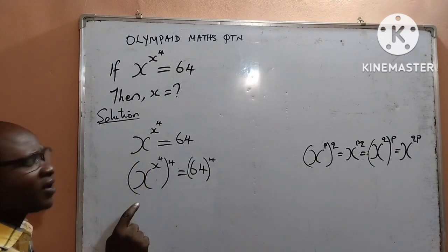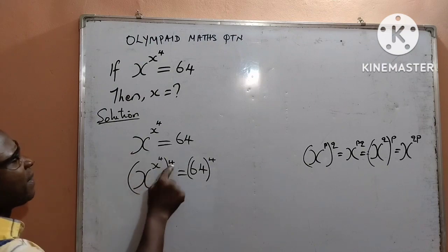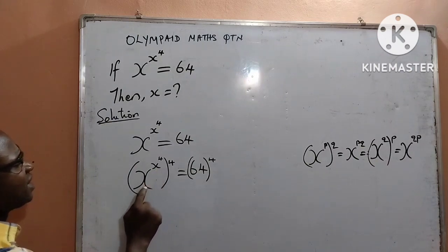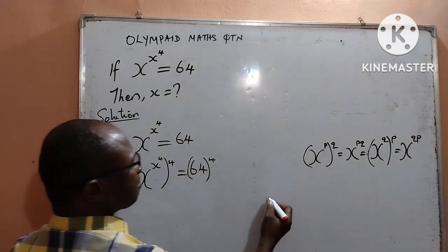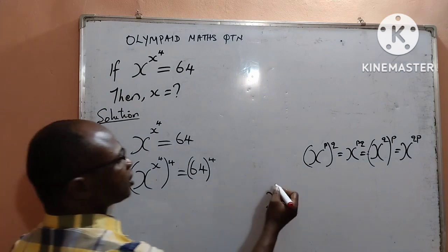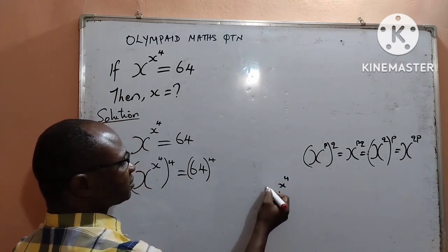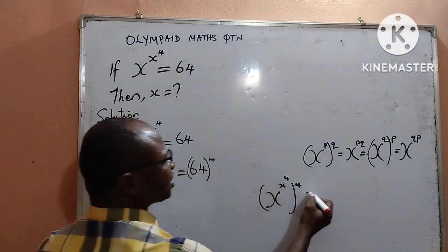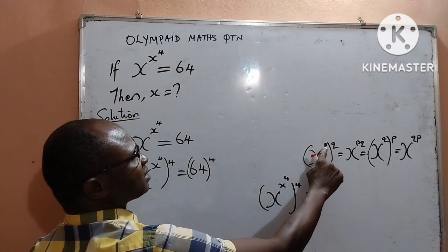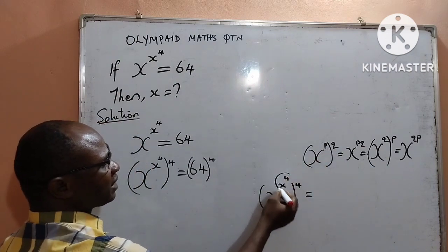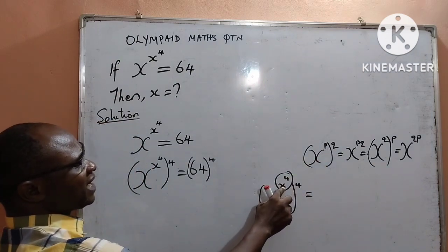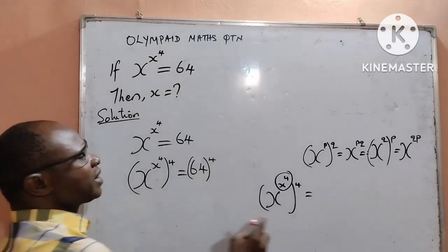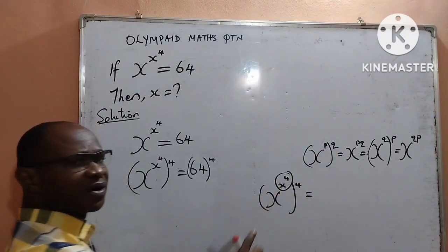Meaning x to the power of x to the power of 4, all to the power of 4, can be written as, just as what I have here, my x to the power 4 is my p, whereas my q is 4.